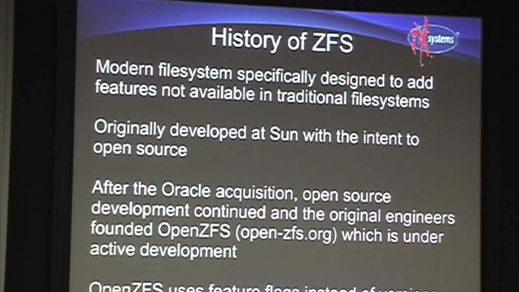It was sort of up in the air what was going to happen with ZFS. Fortunately, OpenZFS has solved that, and we still have some of the original engineers, as well as companies and organizations that have vested interests in contributing to ZFS. And as Matt mentioned, we no longer have version numbers, we instead have feature flags.